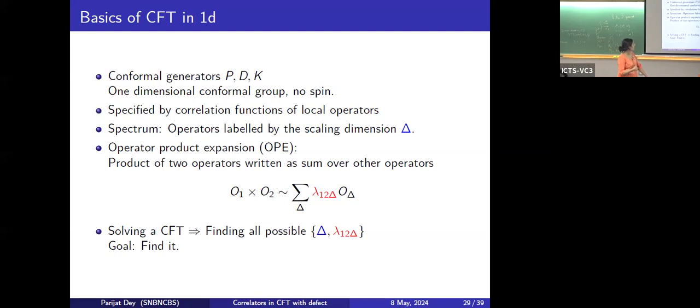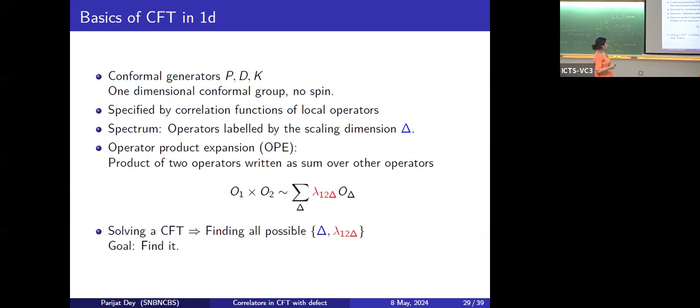In this CFT, the operators are labeled by scaling dimension delta, which is the eigenvalue of the dilatation operator, and this is the only label an operator can have. This is different from the usual CFT, where we have both spin and scaling dimension. Now we don't have the spin.